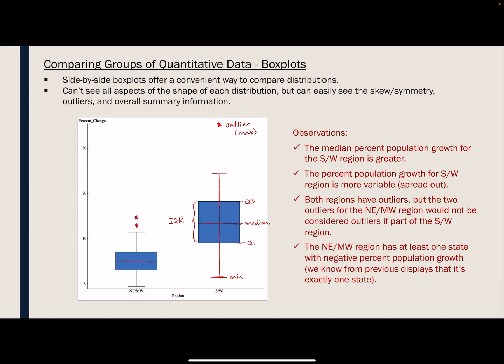And then finally, this Northeast Midwest region, we can see that this started below 0, whereas all of the states in the Southwest region had a positive percent population growth, whereas there was at least one, and it turns out to be exactly one state in the Northeast Midwest region that was below 0, giving a negative percent population growth.